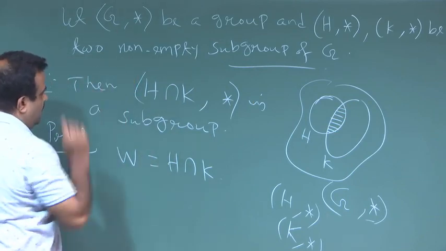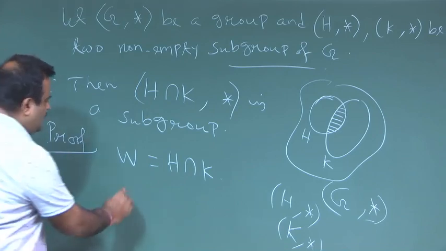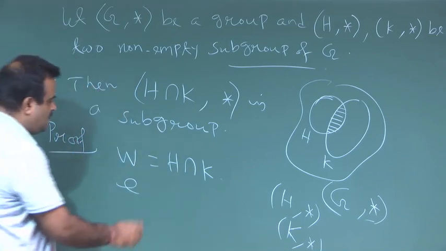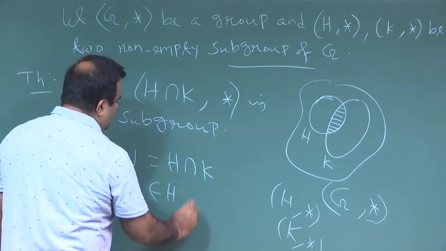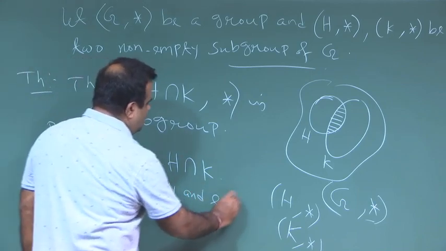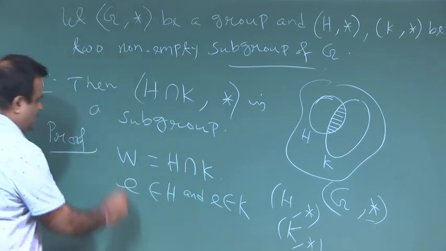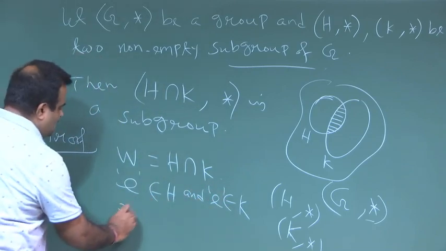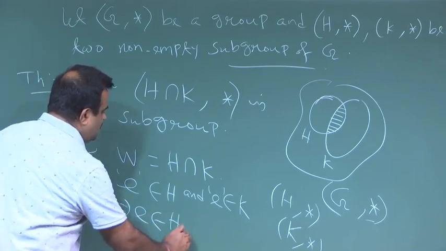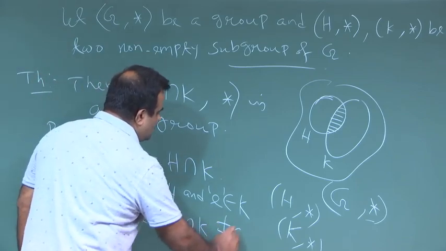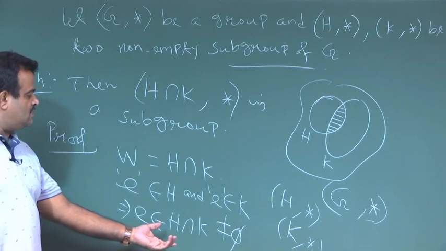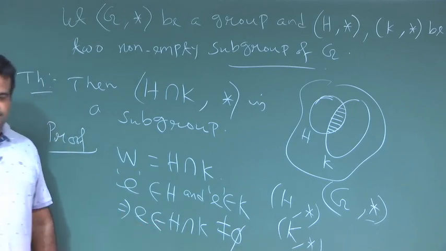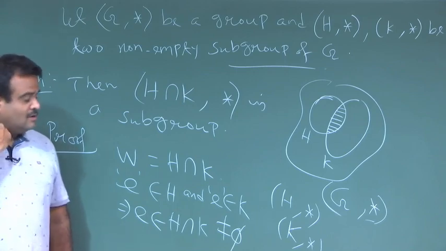Because of the identity element of the group, E. Now, H and K are both subgroups, so E must belong to H and E must belong to K, the identity element of the group. Then this implies E must belong to their intersection. So, this is a non-empty subset of G, this W. So, W is non-empty.